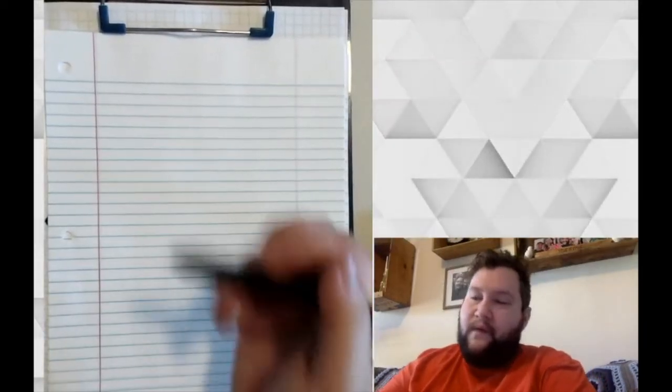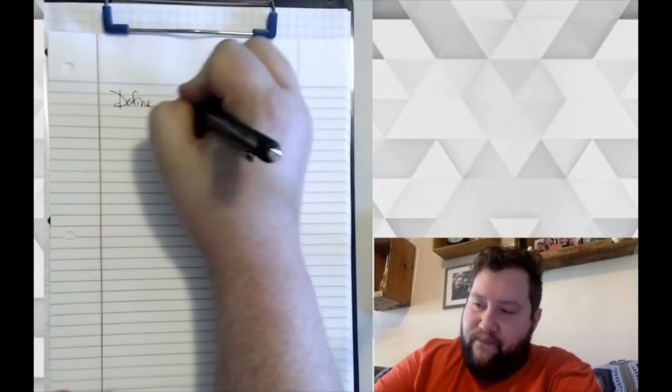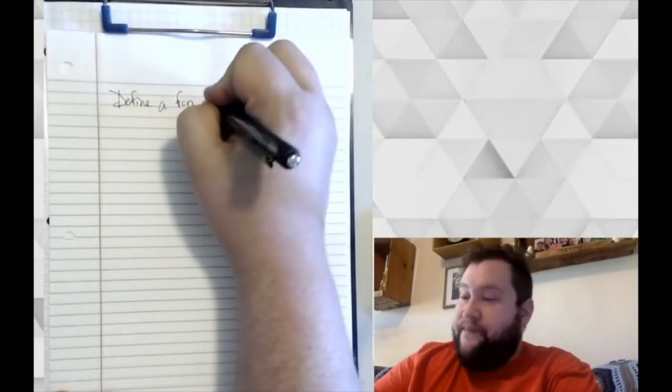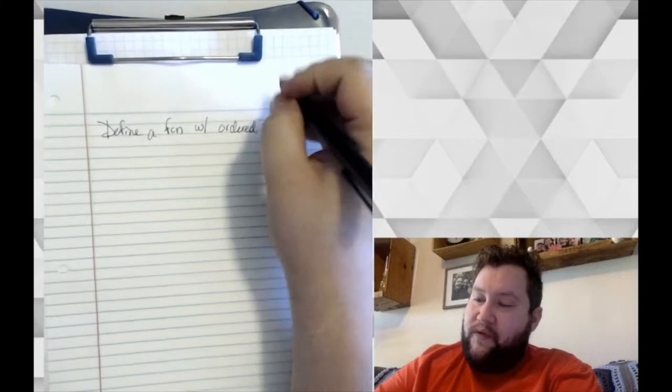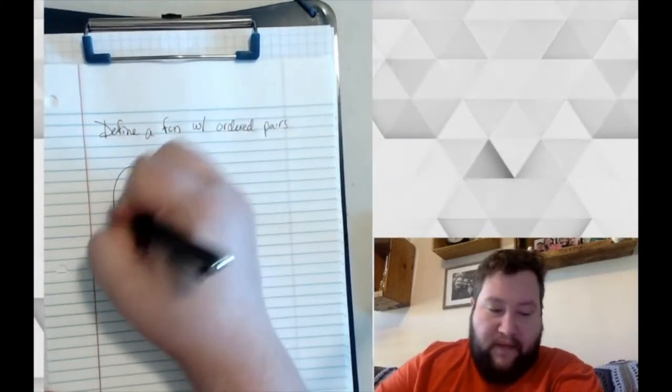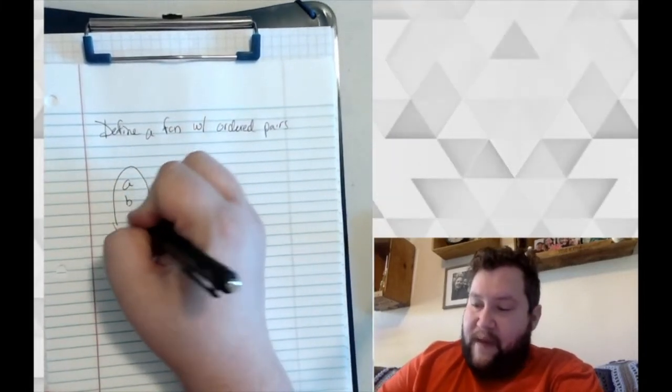Okay, so we can define a function with ordered pairs. So similar to the one we started with, where we have some a, b, and c in our domain.